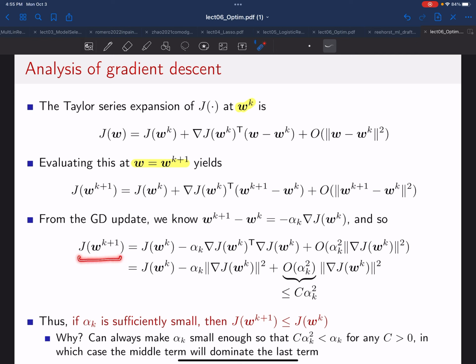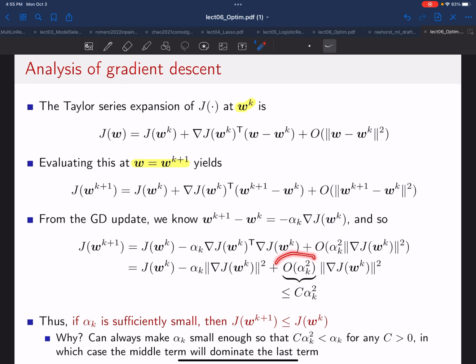So when exactly do we make progress then? Well, this norm squared is always positive. So really we have to look at what's multiplying it. So in front of that norm squared, we have this order term, order alpha squared minus alpha.